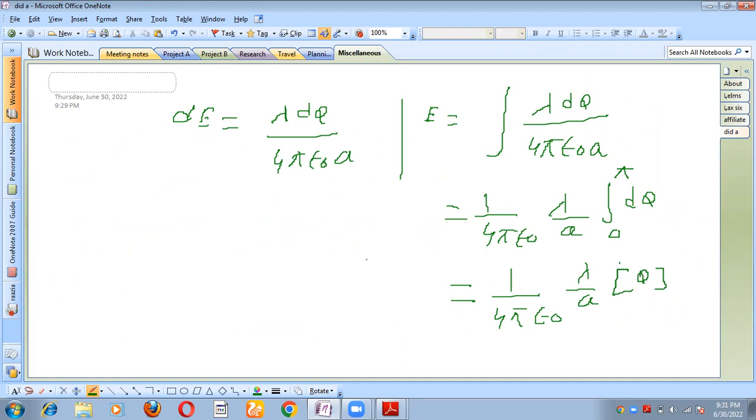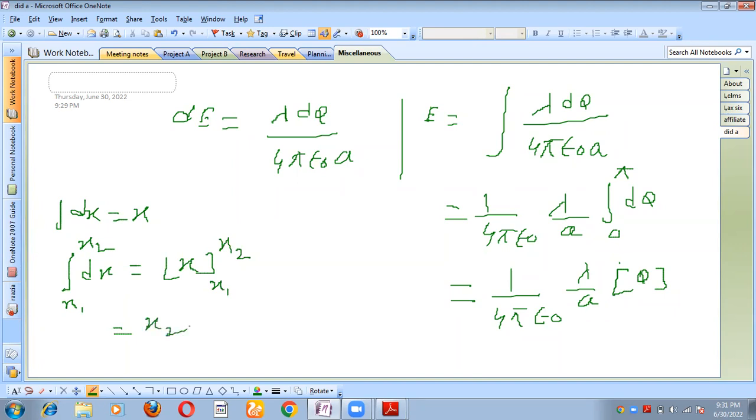Always in integration, like we have integration dx, its integration is x. And if you are putting something as a limit, suppose you are putting x1 to x2 limit, its value comes as integration x, and you just put the values and take upper limit minus lower. This is how we proceed in integration which contains limits.